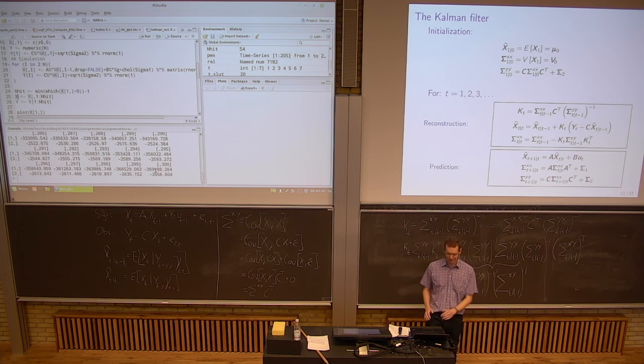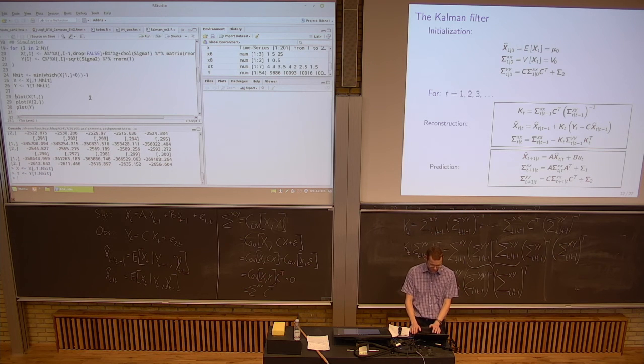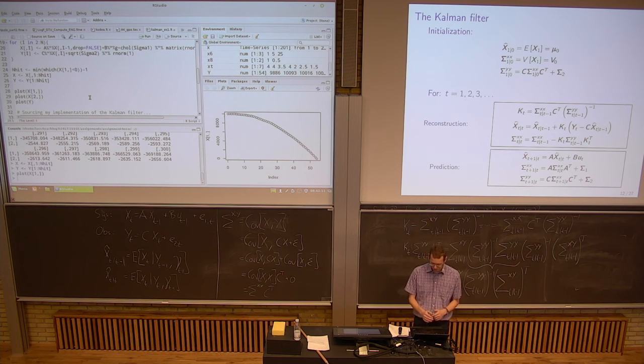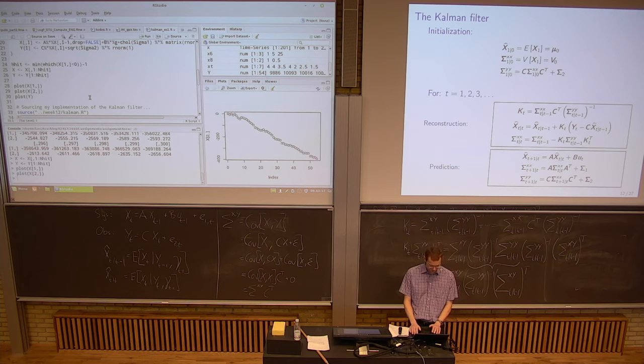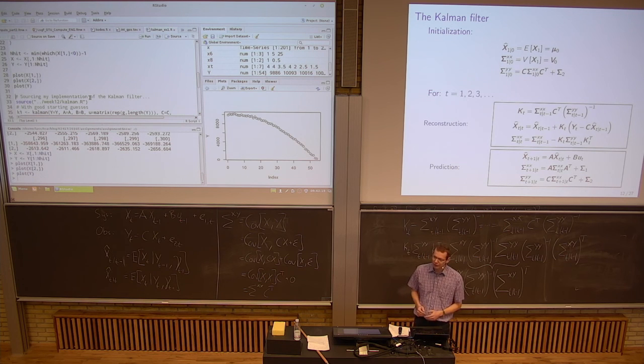Not so likely. So I will, as I did in the code before, look at just showing my simulated path and my simulated velocity. And those are then the observations that come out.